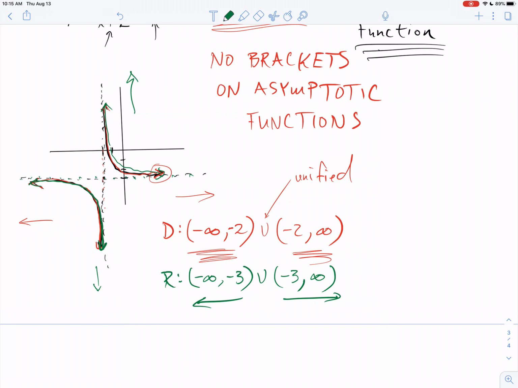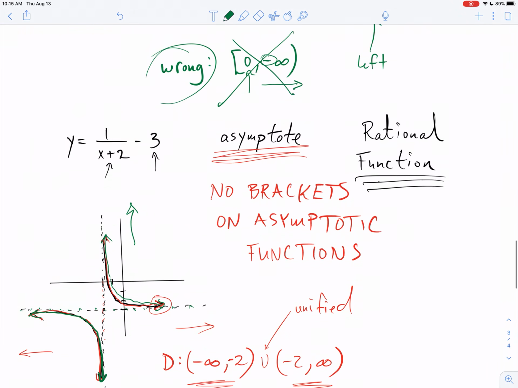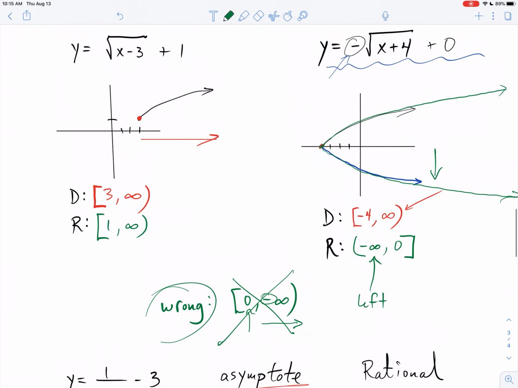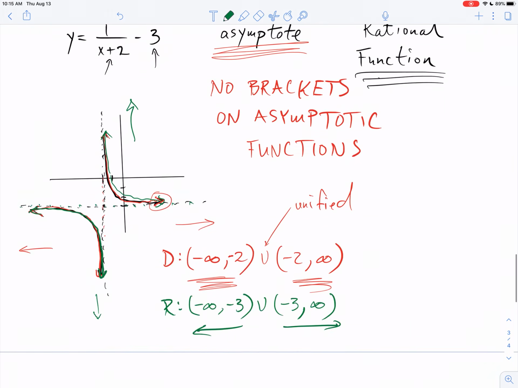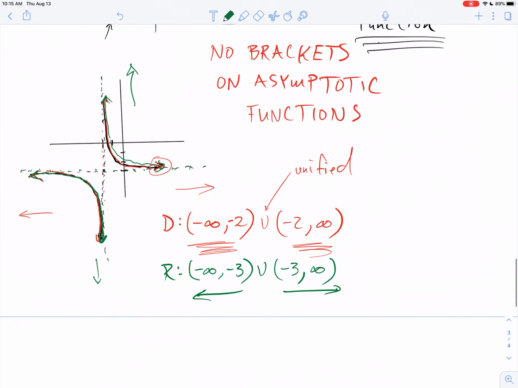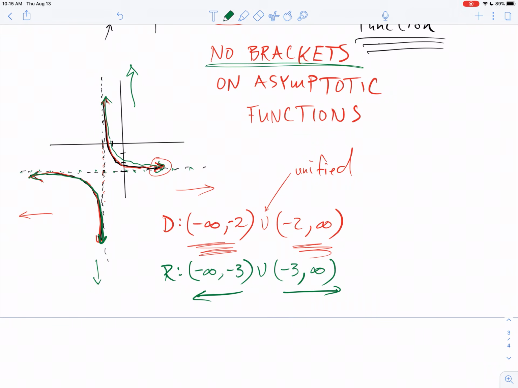Whenever you use a bracket, it's an achievable value. So look, see how this guy had an achievable value, bracket, bracket. This guy, achievable value, bracket, bracket. This guy, no brackets on asymptotic functions, ever.